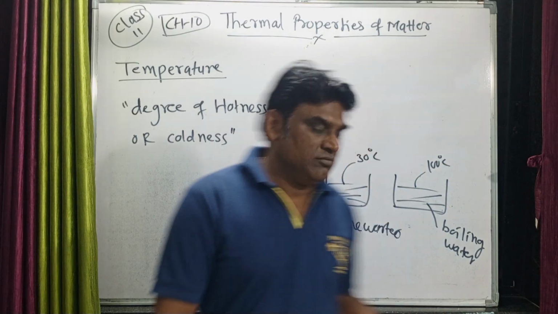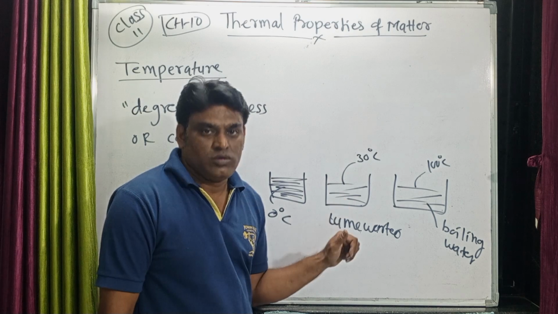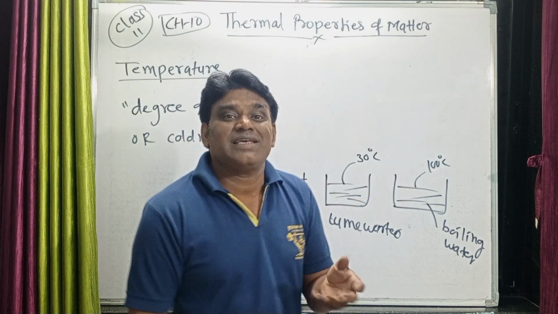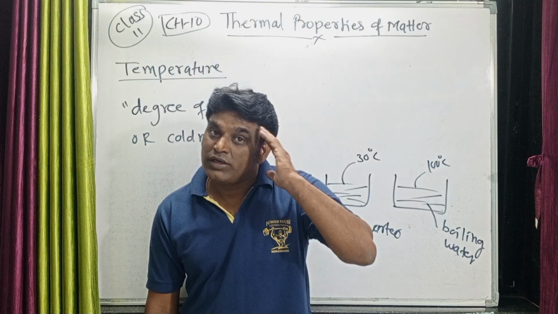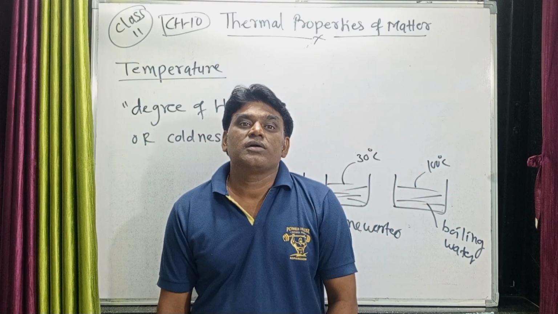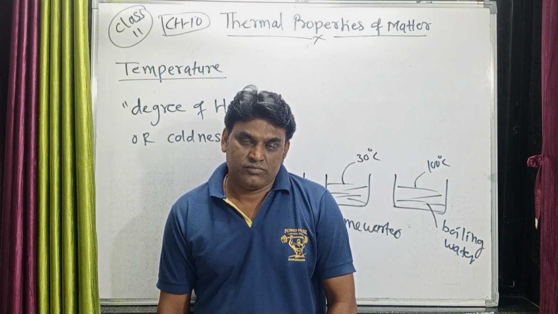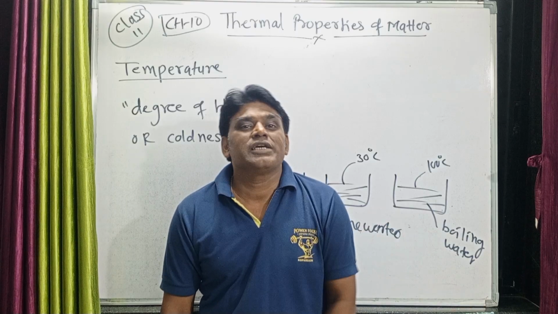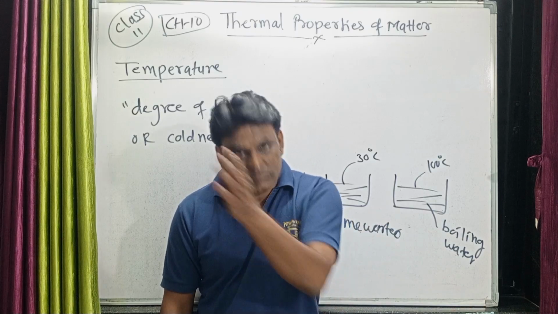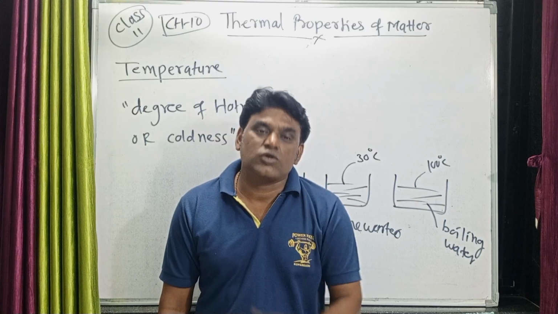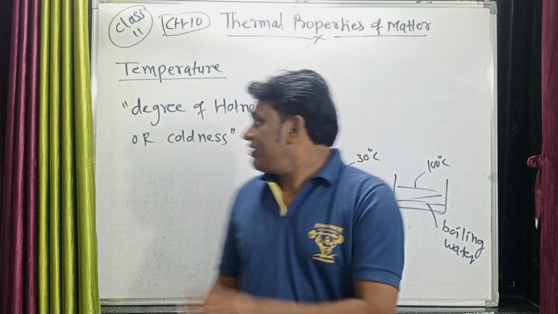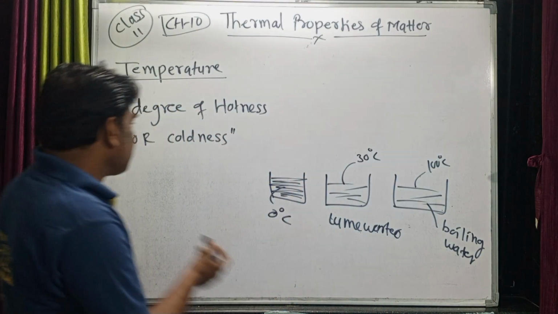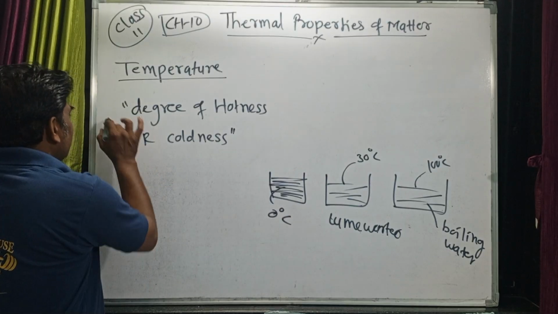With respect to something, we can say hot or cold. With only one body, we can't say. Even if we say something is hot or cold, in our mind we compare with some other liquid. If you compare with a lower temperature body, we say it is hot. If you compare with a higher temperature body, we say this is a cold body. So this is the meaning of relative.